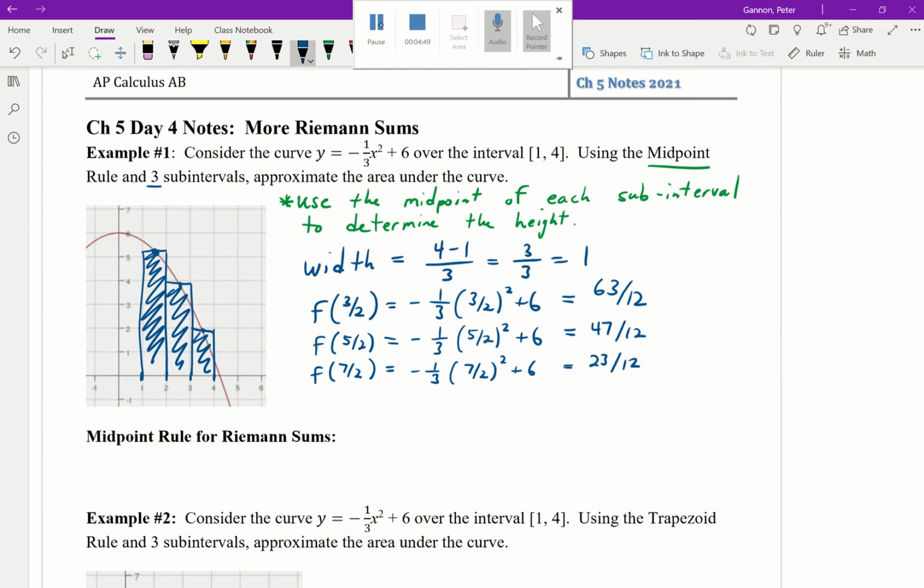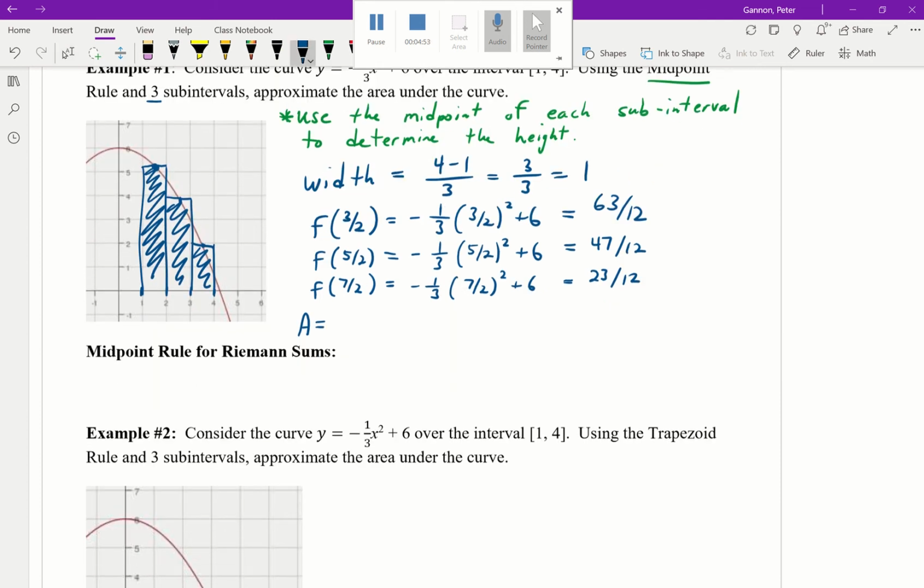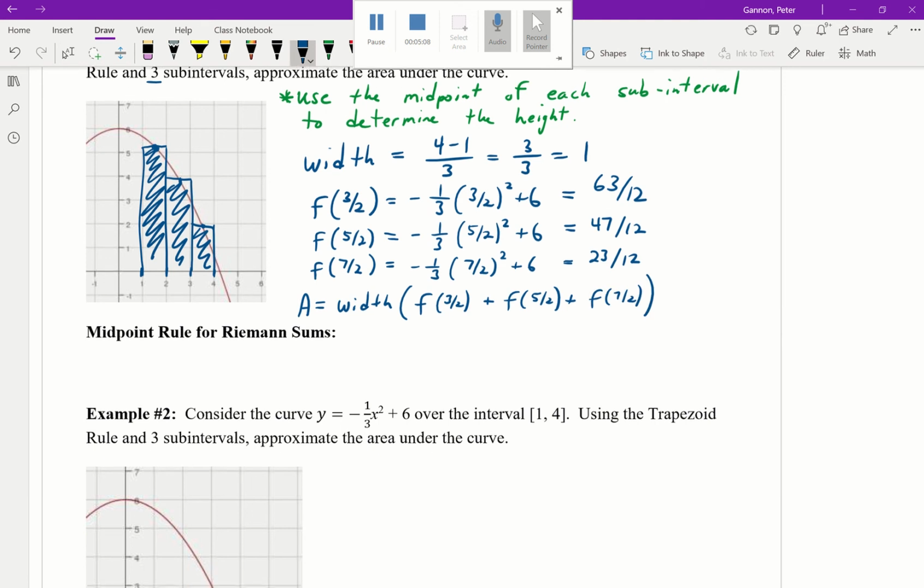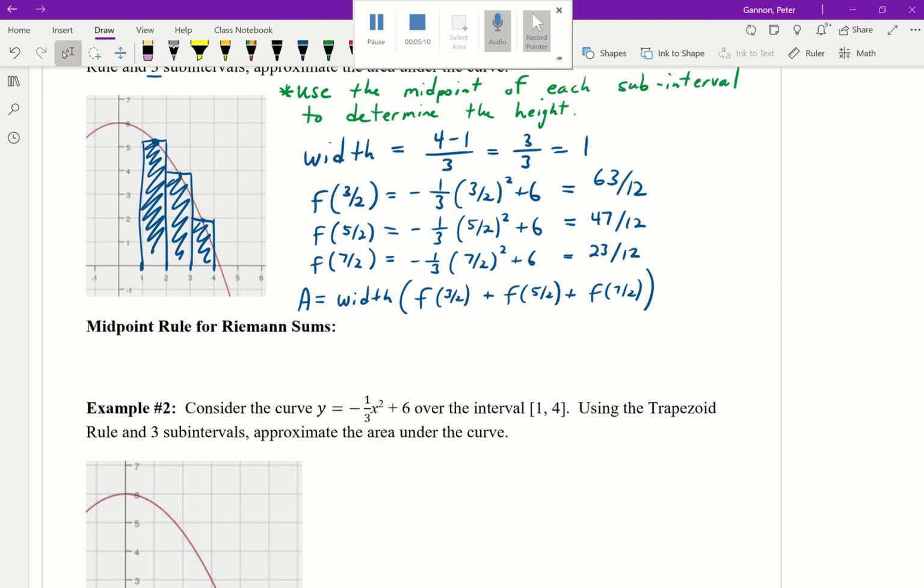All right. So the area is basically going to be the width, in this case, times f of 3/2 plus f of 5 halves plus f of 7 halves. And if we plug in our corresponding values, our width was 1.